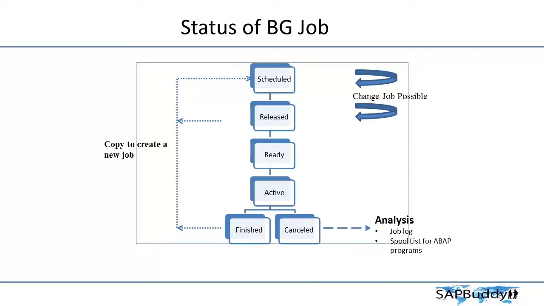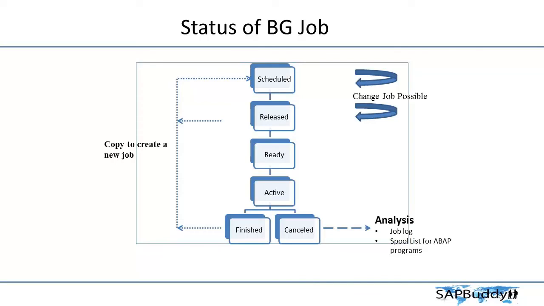Once you define the start condition, you will release the job. If the status is released, it means the job has been completely defined, including the starting condition. A job cannot be released without the starting condition.